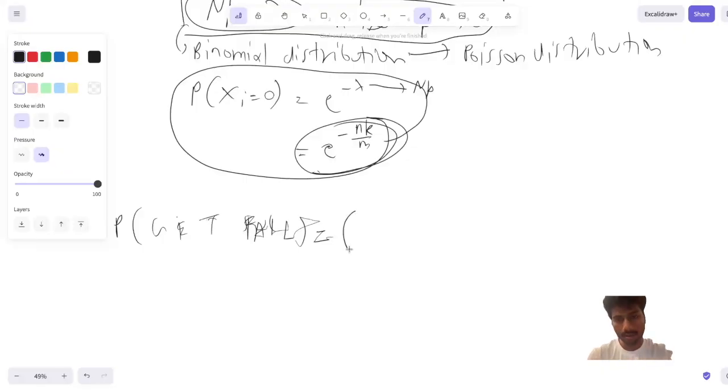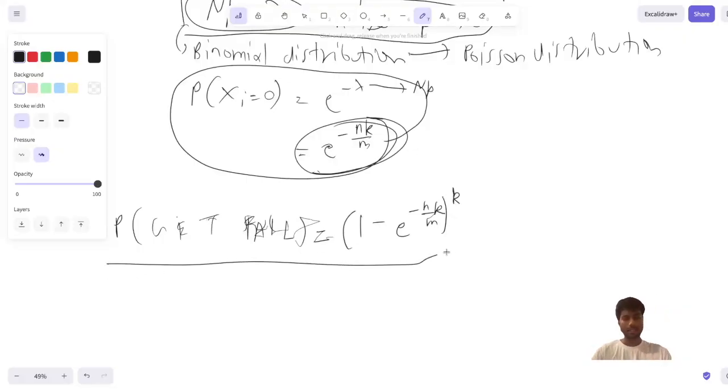So simply 1 minus e to the power minus nk by m is the probability that a single cell has a collision with one of those n minus 1 keys, right? And this has to fail k times independently, and that's when the get function fails.